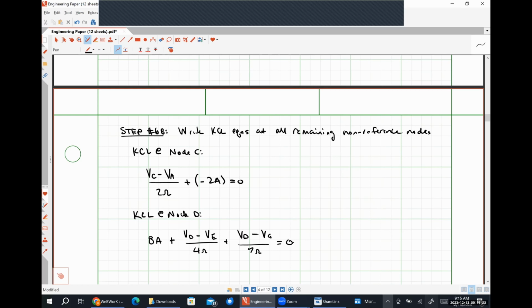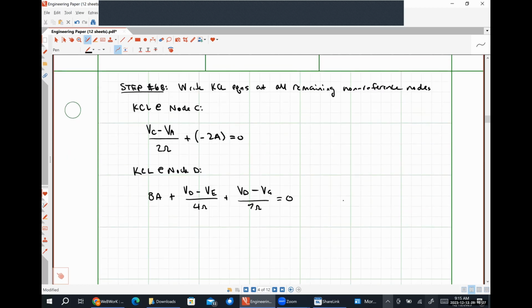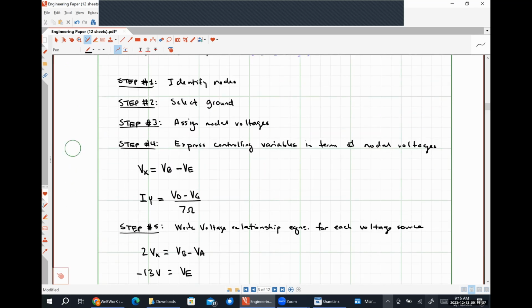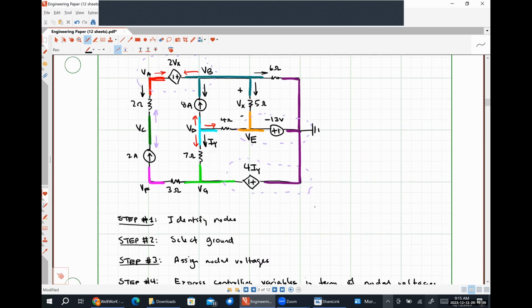All right, lastly, if that one's correct, I believe we need an equation for KCL at node F. So at node F, that's going to be this current flowing up and this current flowing to the right. So what's the current flowing up? What's the current flowing to the right?